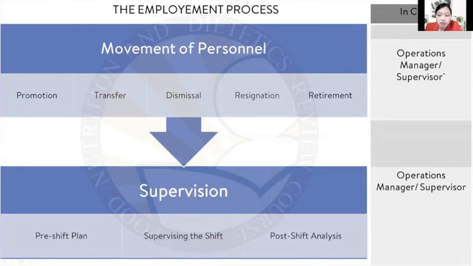The actual shift entails the hands-on supervision of the operations as the action happens. And the post-shift, where the results of the employees have to be analyzed to determine if the work requirements are met or need to be adjusted.